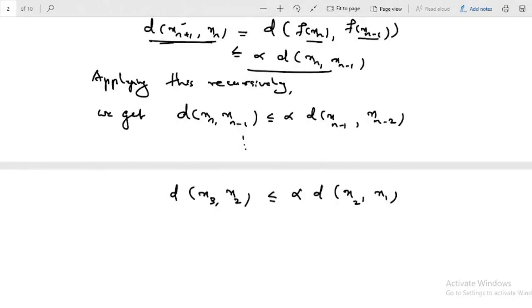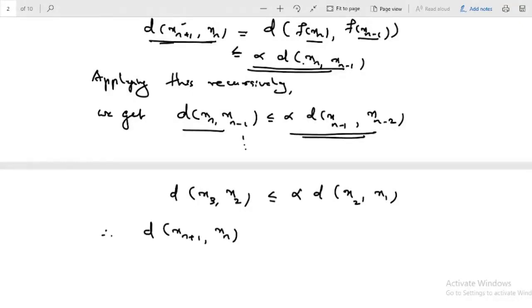That is how d of xn plus 1, xn is less than or equal to alpha into d of xn, xn minus 1. Substituting d of xn, xn minus 1, we get less than or equal to alpha into d of xn minus 1, xn minus 2.